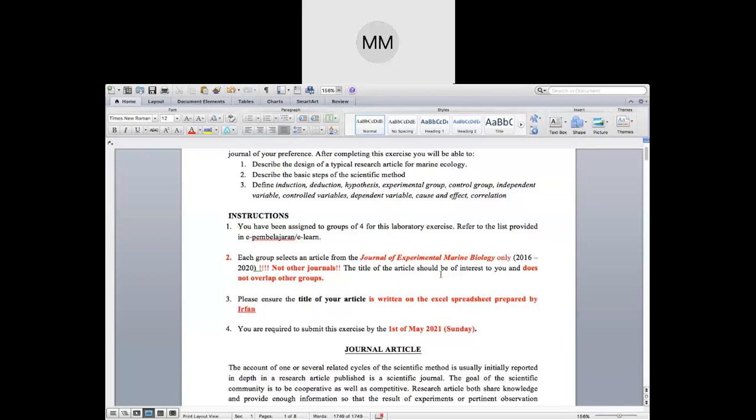Your title of your journal article is entirely up to you guys. However, two conditions. One, it has to be from the years 2016 to 2022. And the second part is, there should not be an overlap in titles. Everybody should have different titles.